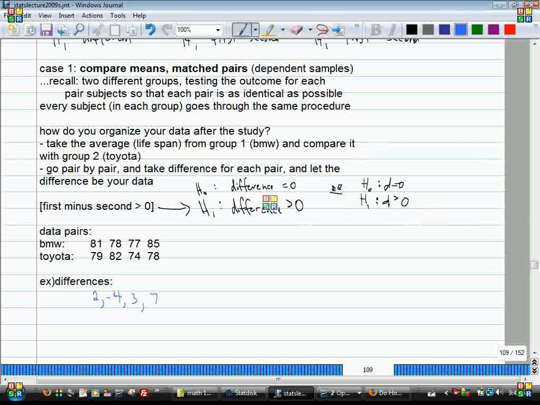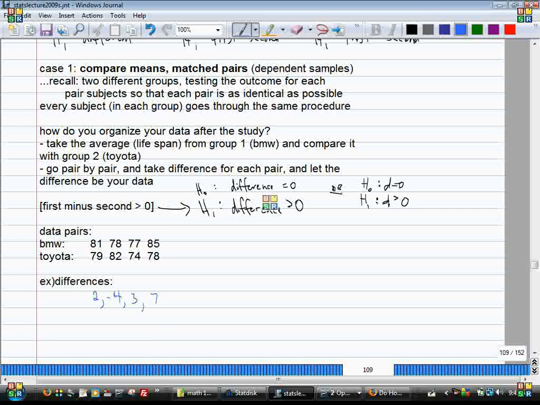Okay, so I want to go back and introduce the notation for all this business. You now do your analysis on this just as if it were a regular problem that you know how to deal with.